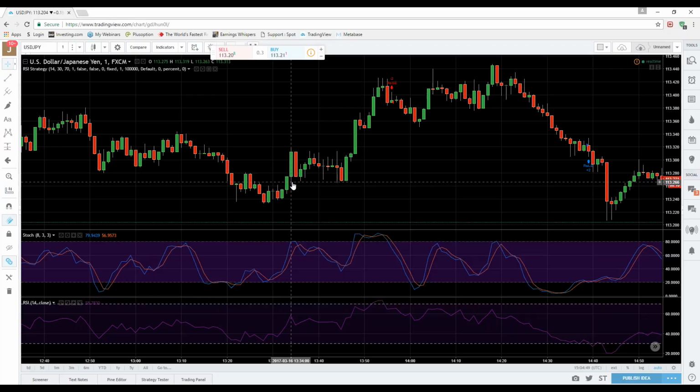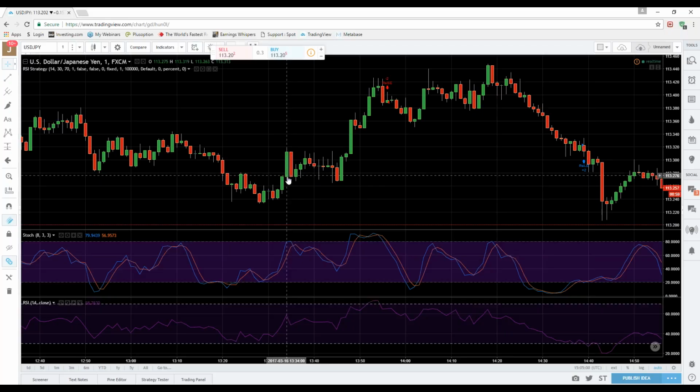These spikes, which can be called wicks, shadows, or spikes, show the price range for this time period. Within this 1 minute range, the price started at the bottom of the body and ended at the top of the body, but it went as high as here within that minute and as low as here, shown by the spikes.